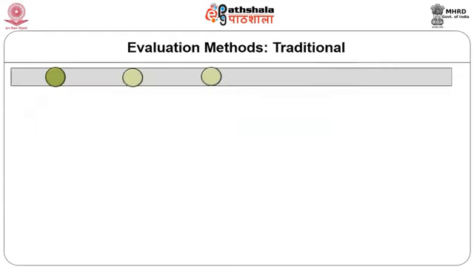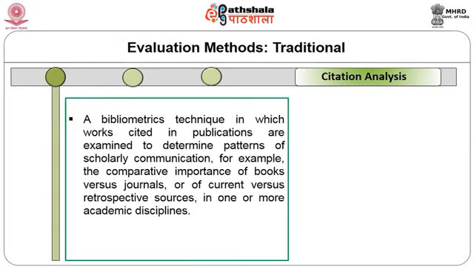The most widely and popularly used evaluation method are the bibliometric studies, in other words known as citation analysis. This bibliometric technique is used in which most of the citations in publications are examined to determine the patterns of scholarly communication.